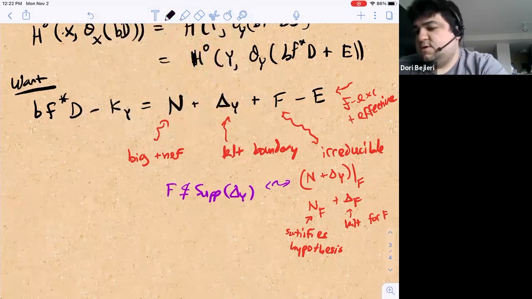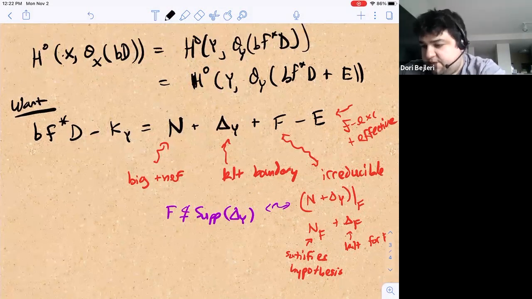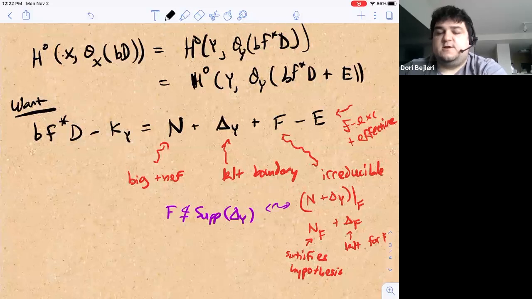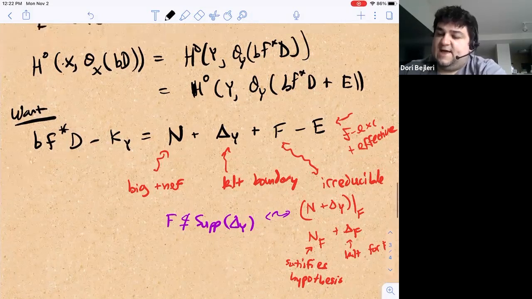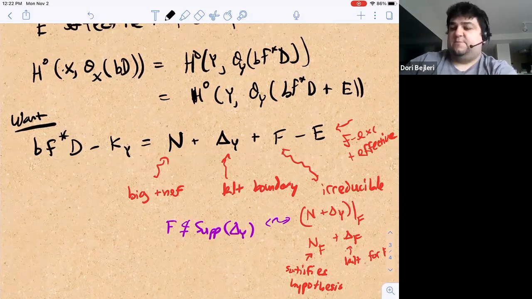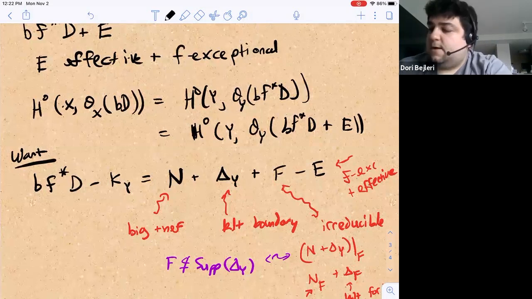Okay, so that's our first observation: if we can find some resolution, some proper birational map, and some divisors where all of these things are true, then we can apply our inductive idea to this setting to get that we have sections for B f^*D plus E. But because E is effective exceptional, those are the same as sections for BD downstairs on X.